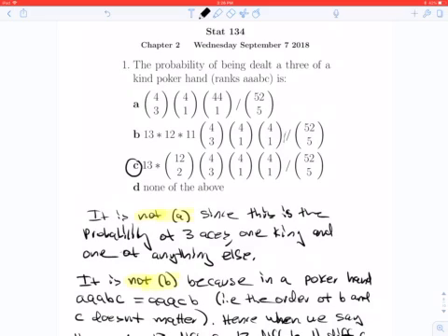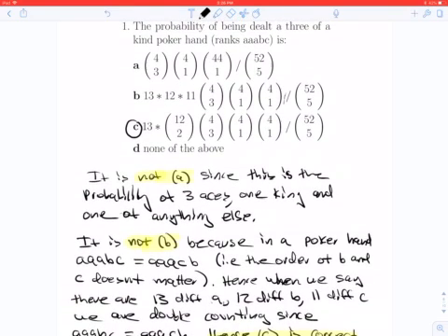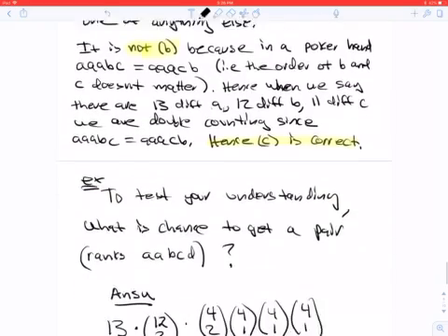Well, the thing is that, no. So we're double counting here, right? Because in my poker hand, AAABC is the same as AAACB. So the order of the singleton there doesn't matter. And so 12 times 11 should actually be 12 times 11 over 2, which is really 12 choose 2. So the answer is C.